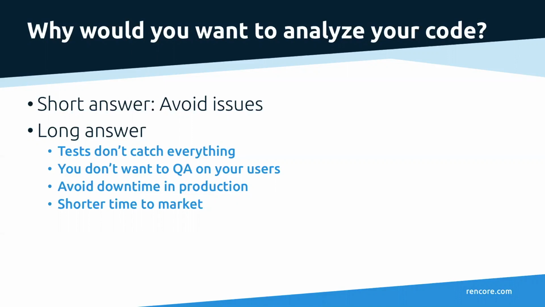Another thing for which you might want to test your code or analyze your code is that you don't want to do QA on the users. Right? Nowadays, there's this mentality of let's ship fast, fail fast. That is all good, but still, you don't want to experiment on users, because that will lead to a very poor image of you, your company, or the internal IT, and eventually it could even lead to eroding trust, right?